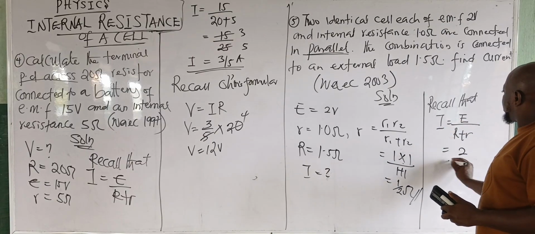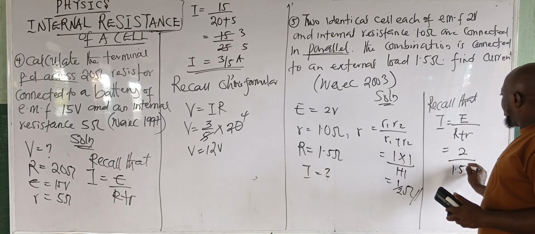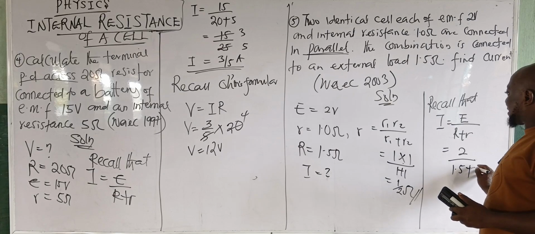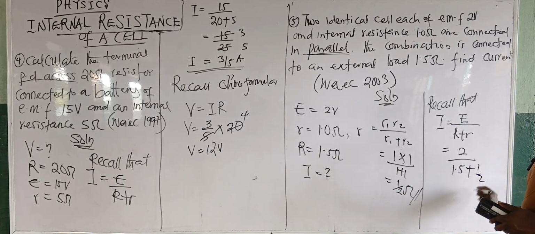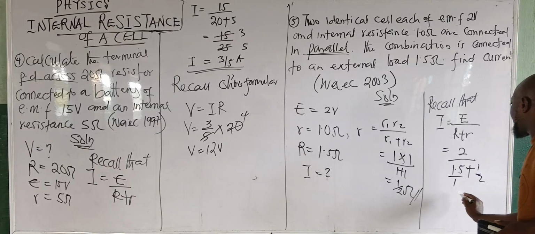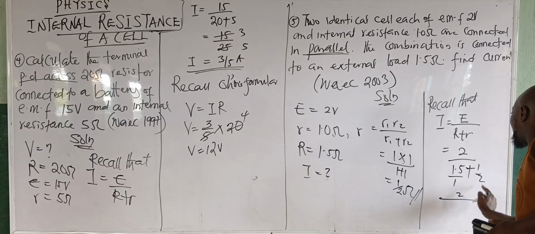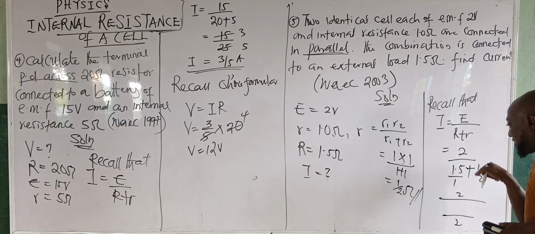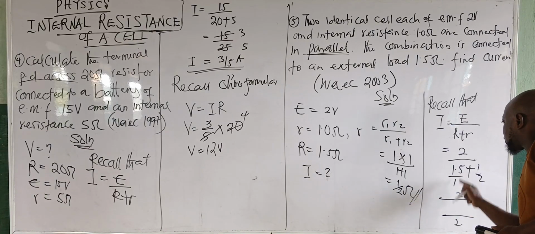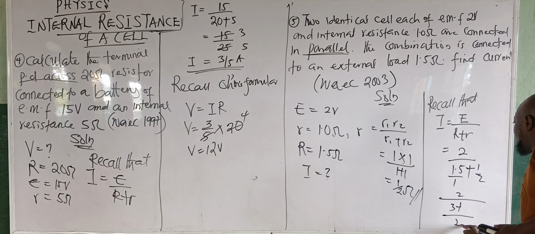It is 2. What is my R? It is 1.5. What is r? It is half. So I have 2 over 1.5 plus a half. I'll find my LCM. My LCM is 2 in the denominator, so 2 times 1.5 is 3, plus 2 times a half, which is 1.